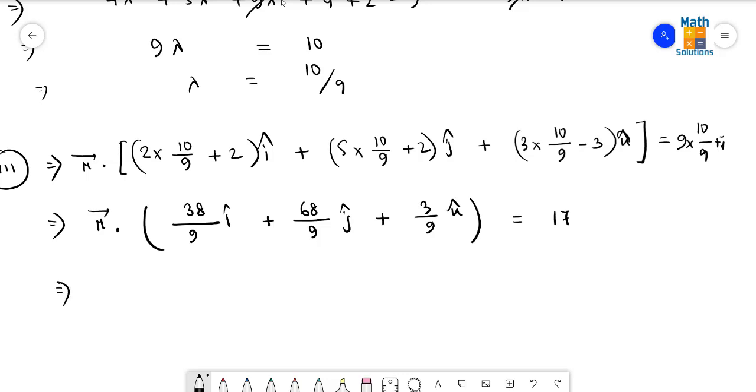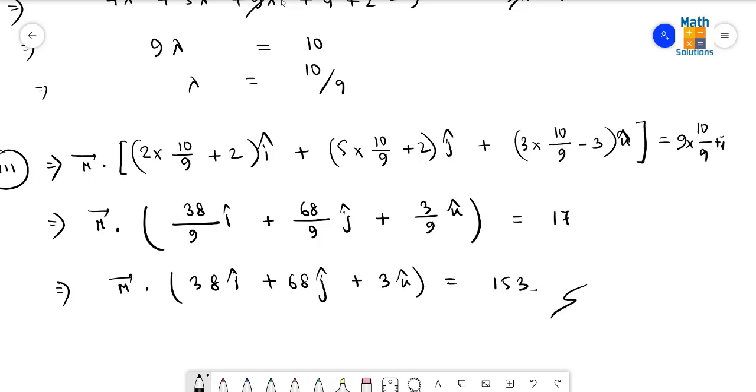So after this, vector r dot (38i cap + 68j cap + 3k cap) is equal to 153. So this is the required equation of the plane.